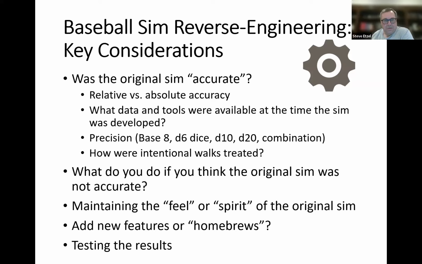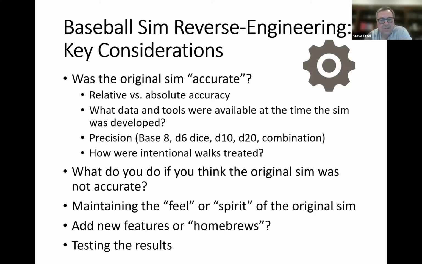You know, what's the embedded precision in the sim? Like Status Pro used two eight-sided dice, so it was base eight. A lot of sims use two or three D6 dice. More modern sims will use 10-sided dice or 20-sided dice, or maybe some combination of what I've shown here.